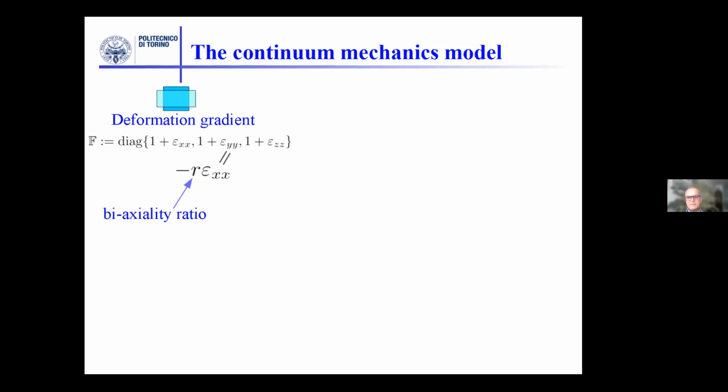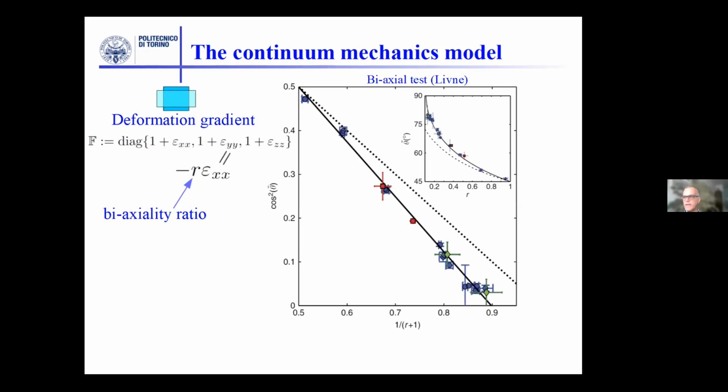The best collection of data that you can find in the literature are those by Livne, that controls with great attention this biaxiality ratio for fibroblasts. And you have that the experimental points seem to line up along a straight line.